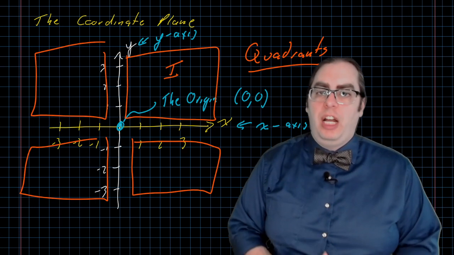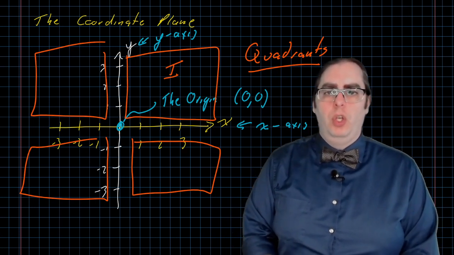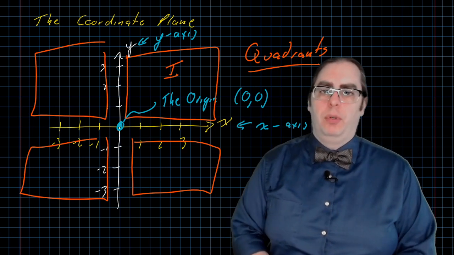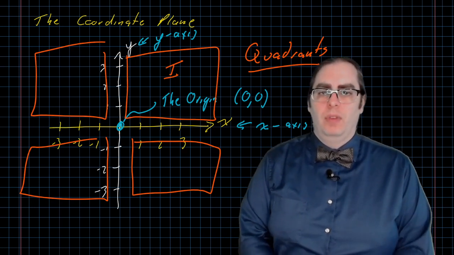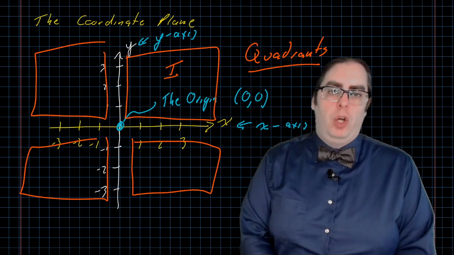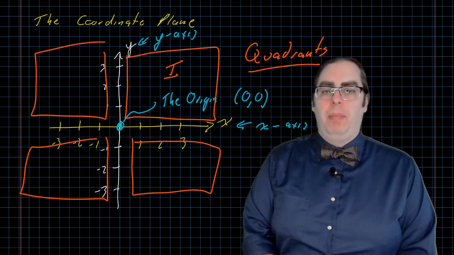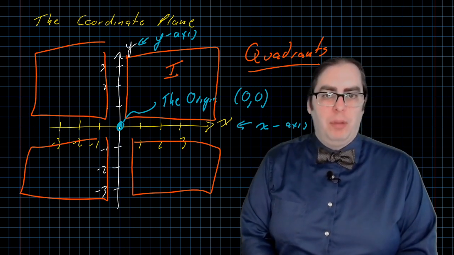There are a ton of applications of equations in 2 variables where only positive numbers really make sense. For example, the x-axis might be measuring how long a ball has been rolling down the hill. The y-axis might be measuring how far the ball has rolled.